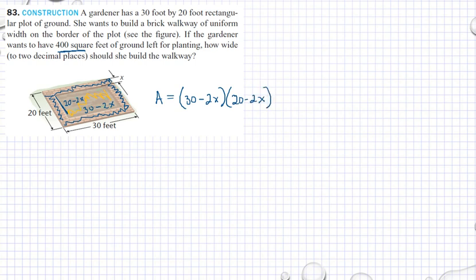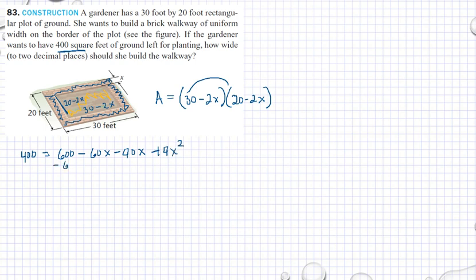Substituting the area that the gardener wants, we have 400 square feet. If we multiply now, we have 30 times 20, which is 600, minus 60x minus 40x plus 4x squared.